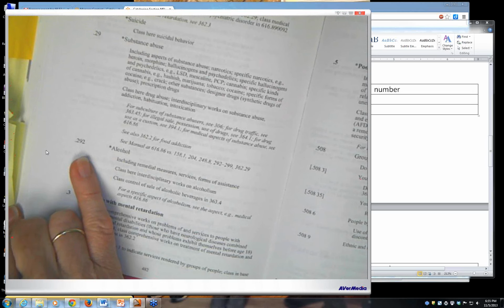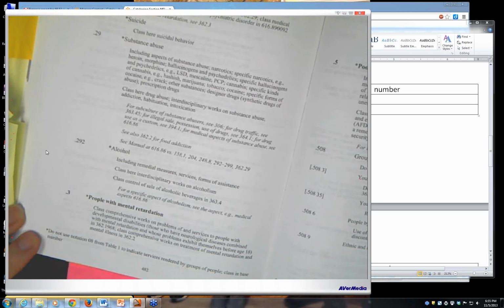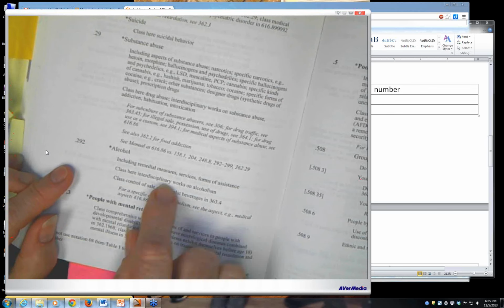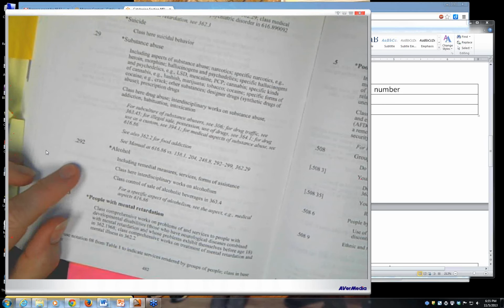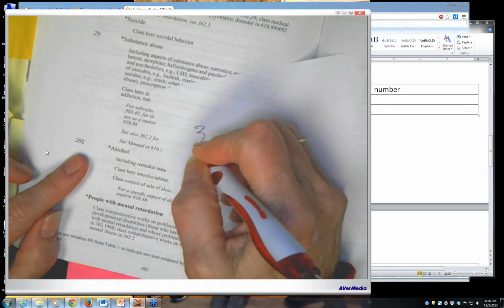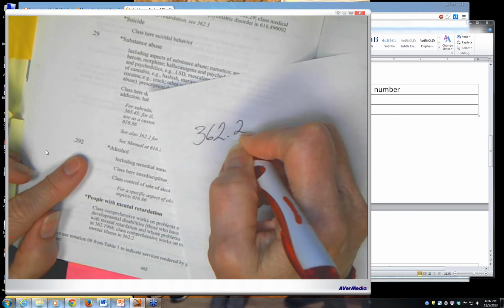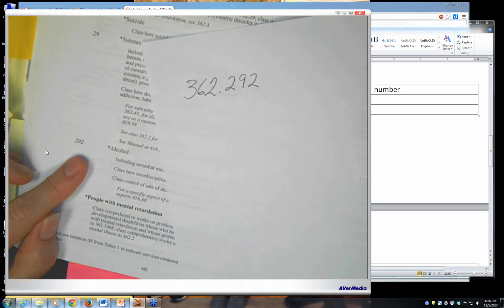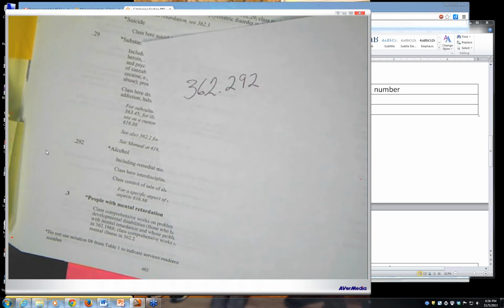Alcohol abuse. Okay, this is treatment of alcohol abuse, and that's what this is, treatment of alcohol abuse. If we take our number, and we know this is in the United States of America, we'll have 362.292. That's our alcohol abuse number for the treatment of. And this is in the United States of America.